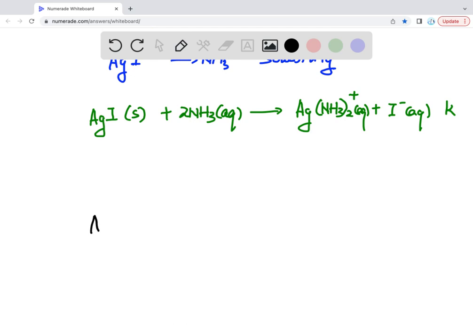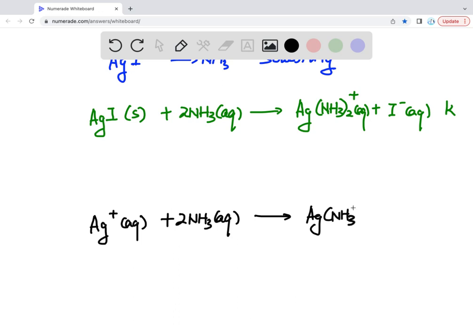If we express that, it's the silver plus in the aqueous solution reacting with two ammonia and forming the silver ammonia complex in the aqueous state. And this is a Kf. So let's say this is equation 1.